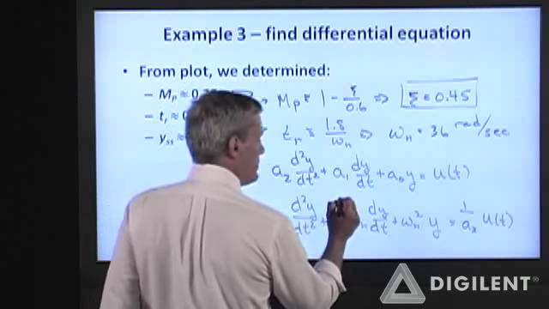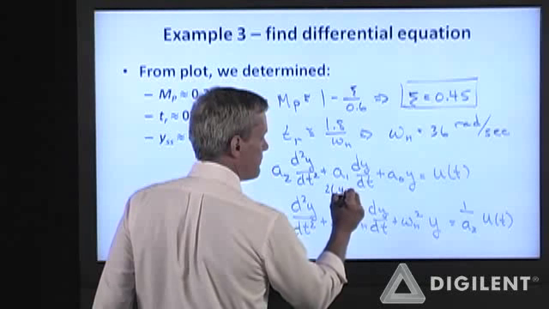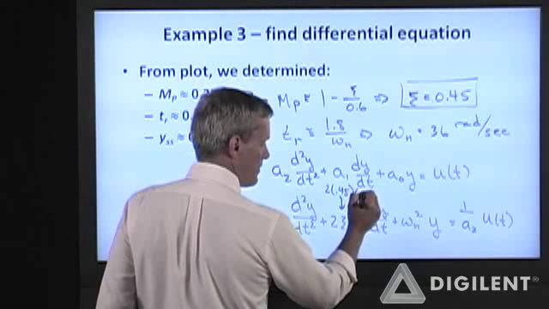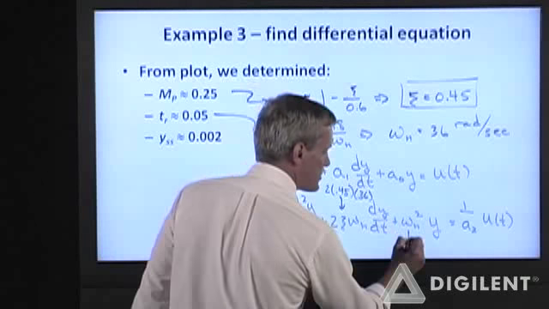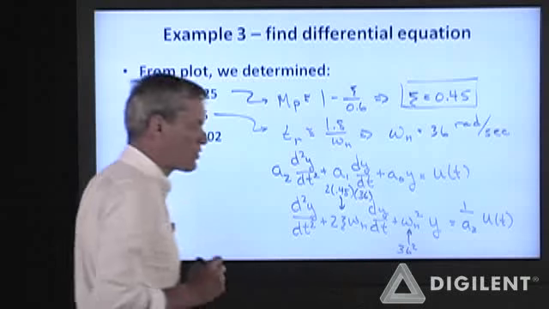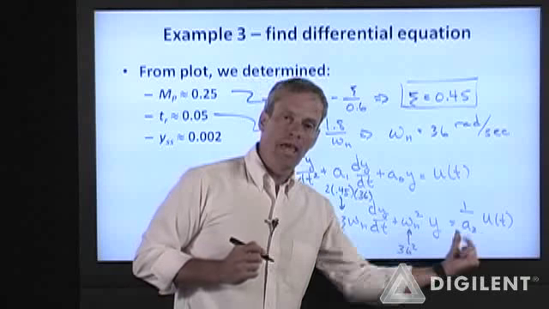This now will be 2 times 0.45 times 36. This term is 36 squared. We need to figure out what A2 is.